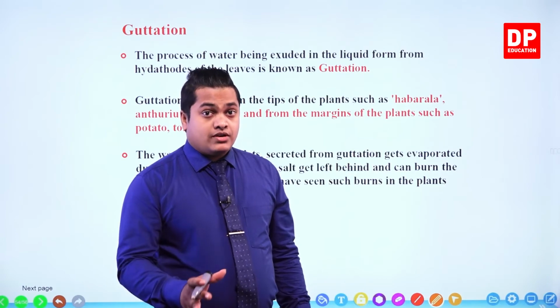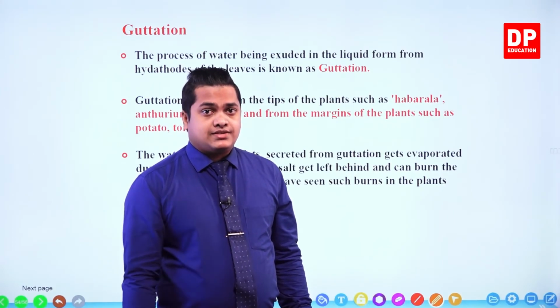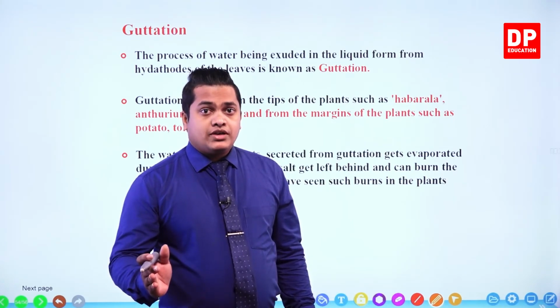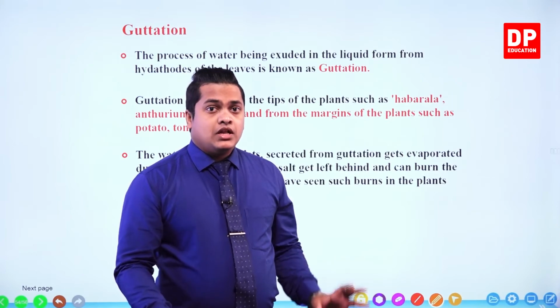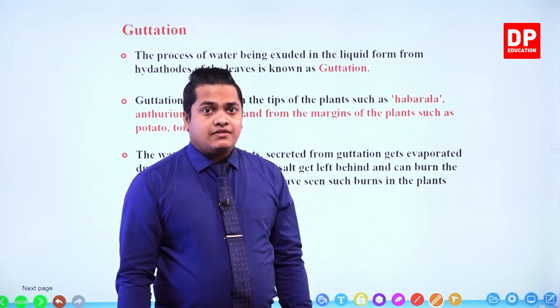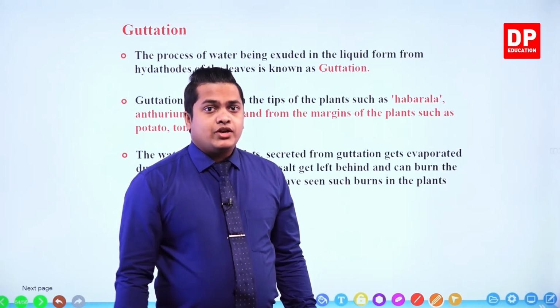So during daytime, water is going to evaporate, but those minerals and salts are going to remain within the plant leaf. So upon absorbing heat energy, the tip is going to burn out.